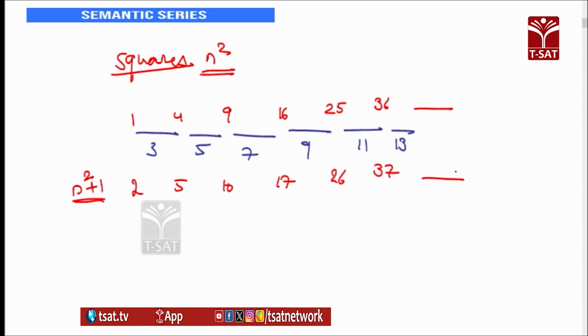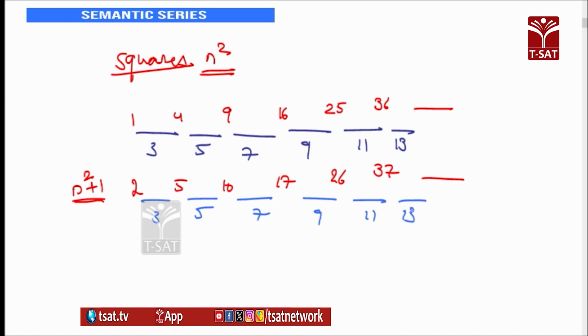If you identify this pattern is n square plus 1, it's well and good. If not, then as I said, you need to take the difference. Here also it is 3, 5, 7, 9, 11, obviously the next difference will be 13.